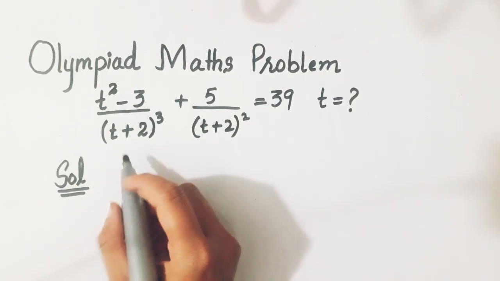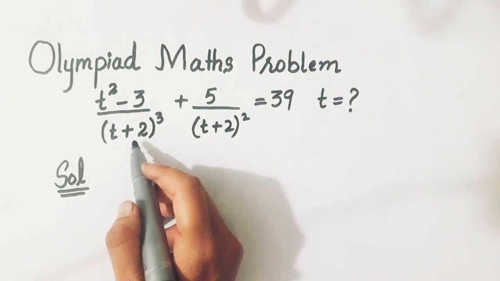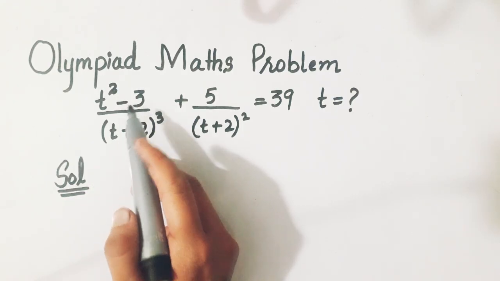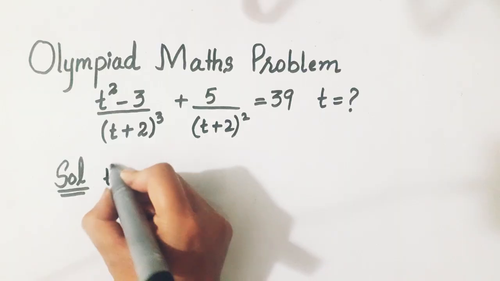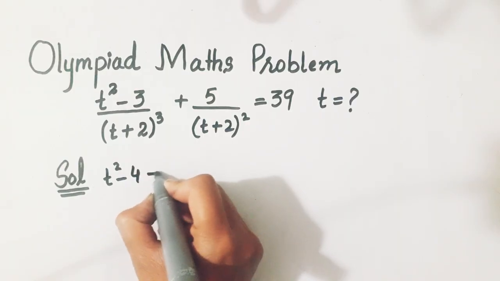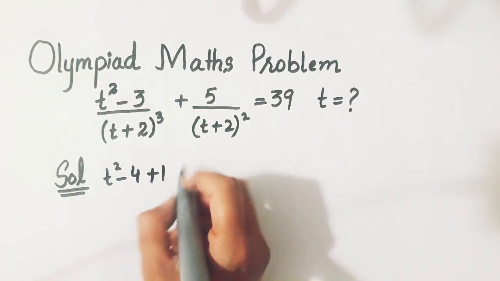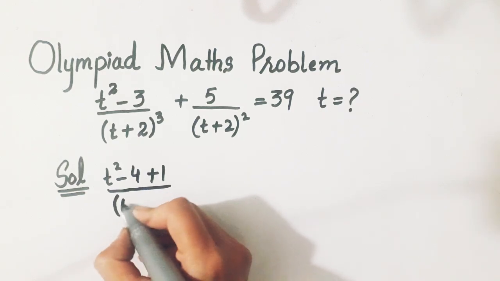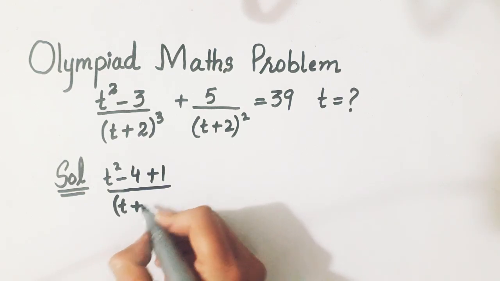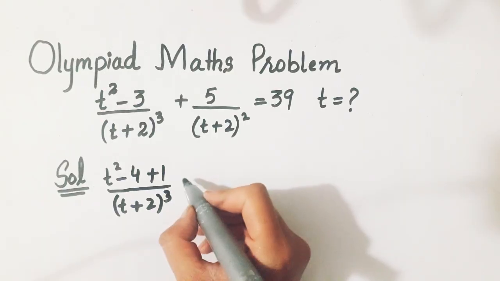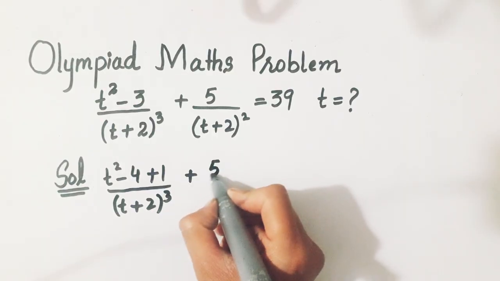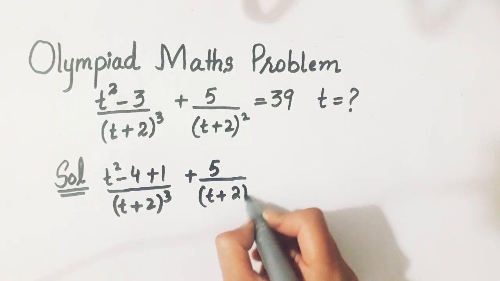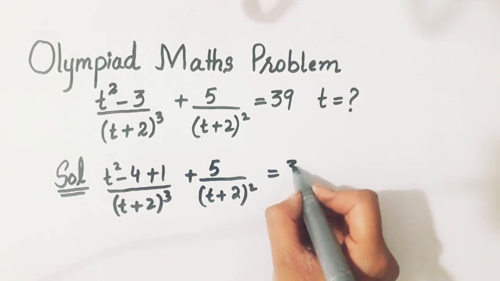So first of all, this is t plus 2. This can be solved if we make a change here, as we can write 3 as minus 4 plus 1, because minus 4 plus 1 again becomes minus 3. So we have (t² − 4 + 1)/(t + 2)³ + 5/(t + 2)² = 39.